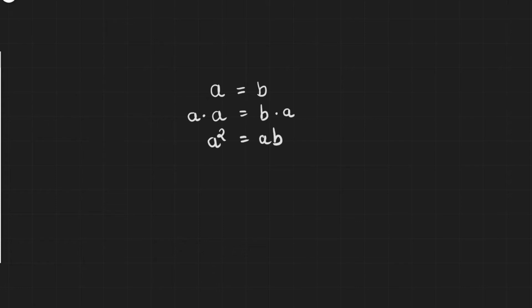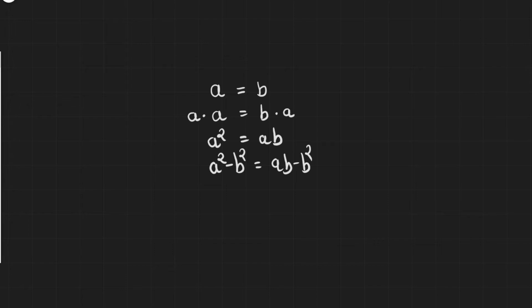Now what I need to do is I will subtract B square from both the sides. Here I have subtracted B square from both the sides.